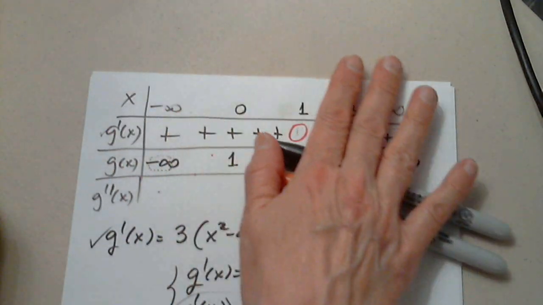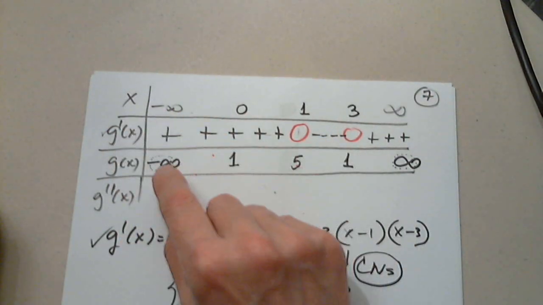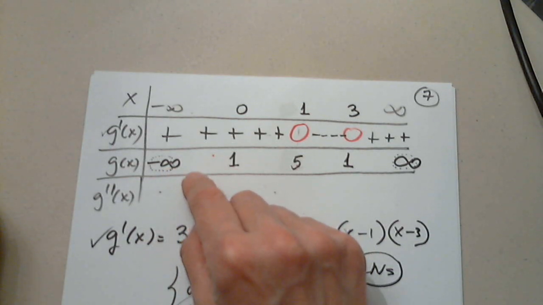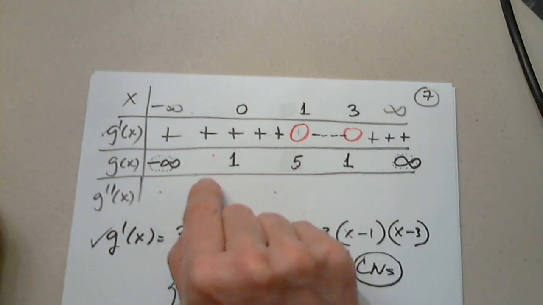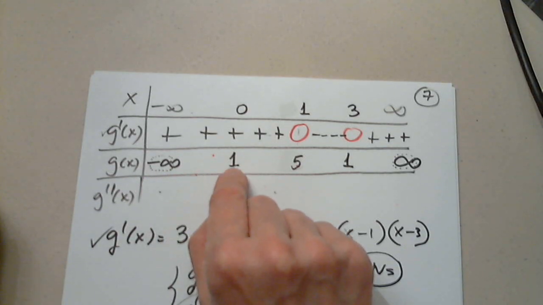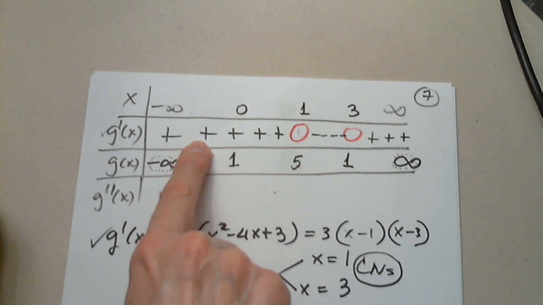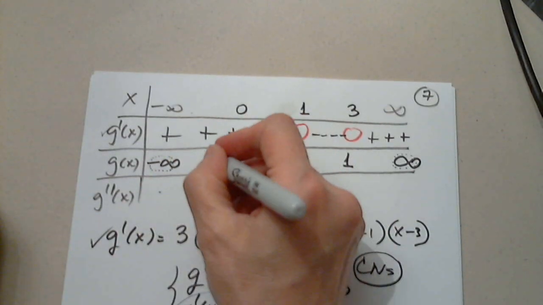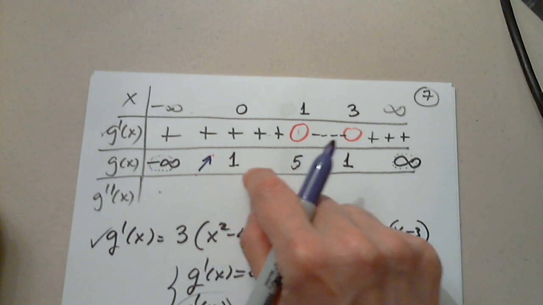We hope it's not the case. From negative infinity to 1, what does the function do? Increases. Is that supported by the sign of the first derivative? Yes. Awesome. What does the function do from 1 to 5?